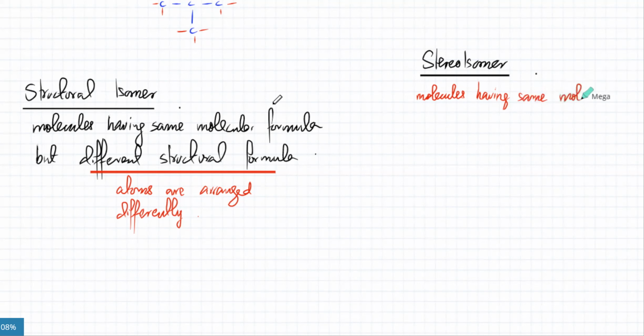So everything would be exactly the same. They will have the same molecular formula, and they will also have the same structural formula. Even the connections would be exactly similar.